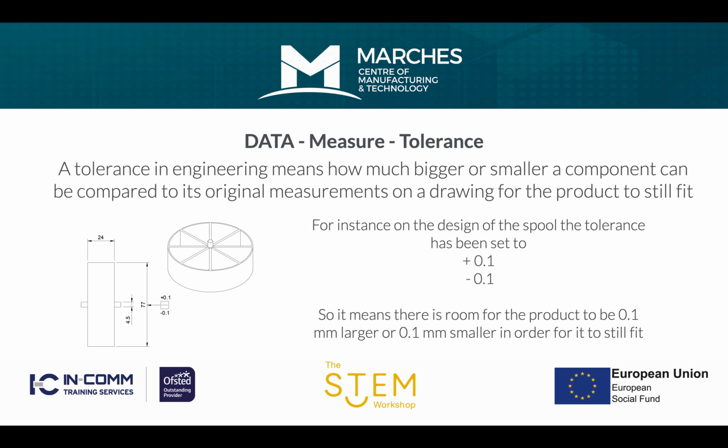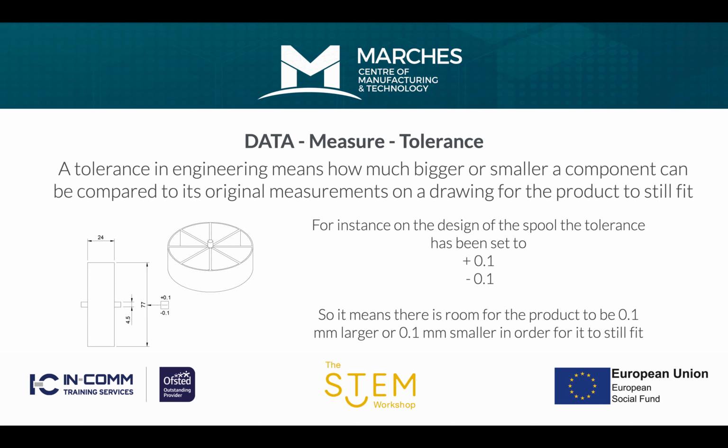That has then allowed us to think about tolerances. Now, a tolerance in engineering means how much bigger or smaller a component can be compared to its original measurement. So we have measured those key core measurements for manufacturing the spool.